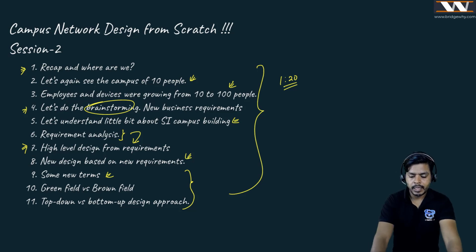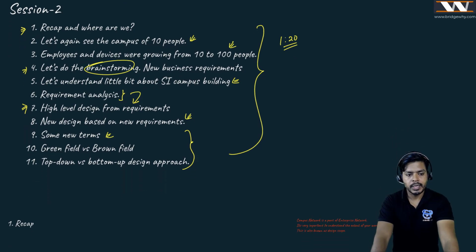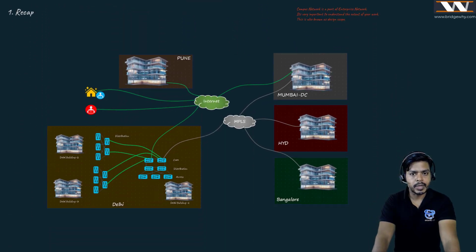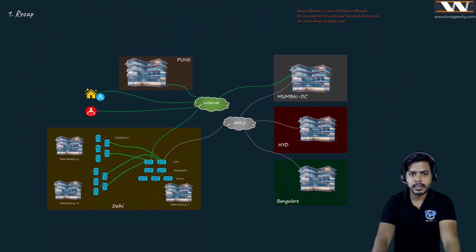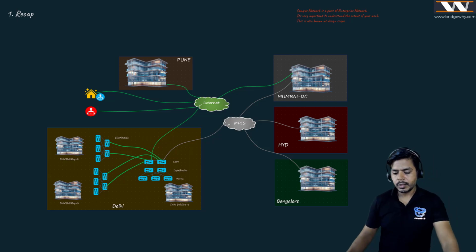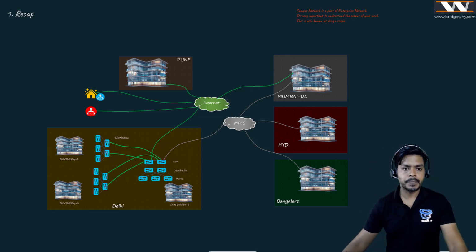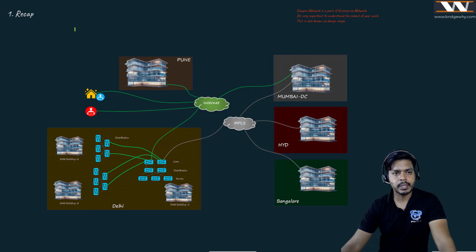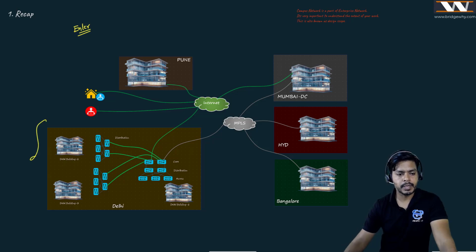Having said that, let's move to our first board where we'll be talking about where we left in the last class. A little recap, right? So as you all know, we discussed a big network, which is an enterprise network, which consists of a big campus in Delhi, which consists of several branches all over India.